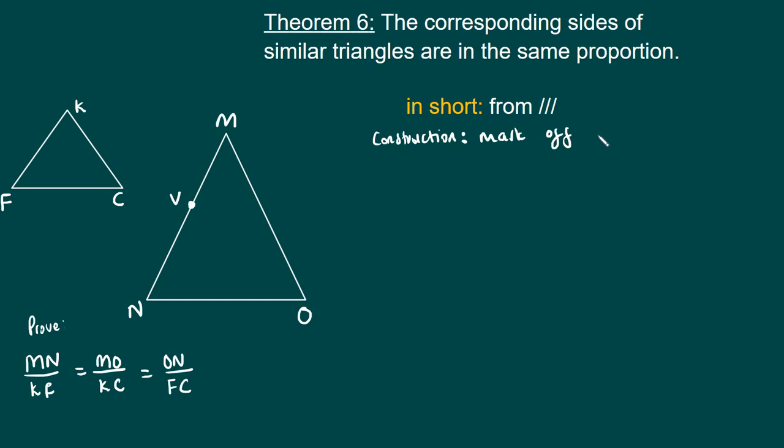So tell them, mark off V such that MV is equal to FK. So that when you mark off that, now marking off, usually we use a cross. So this is marking off. When you mark off V here, it should be equal to KF.